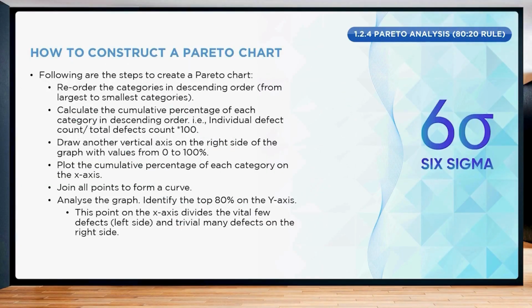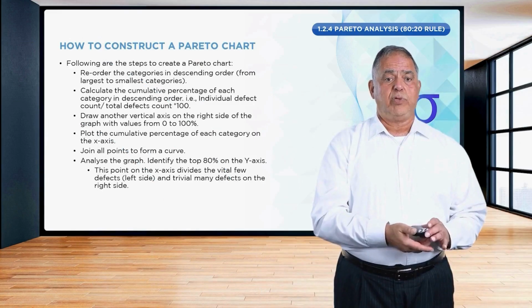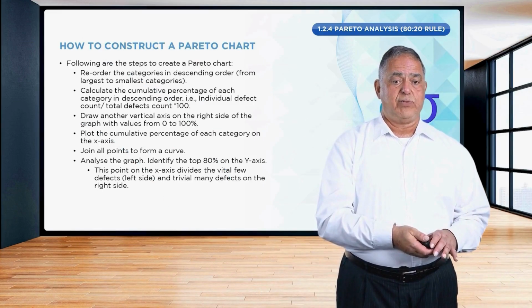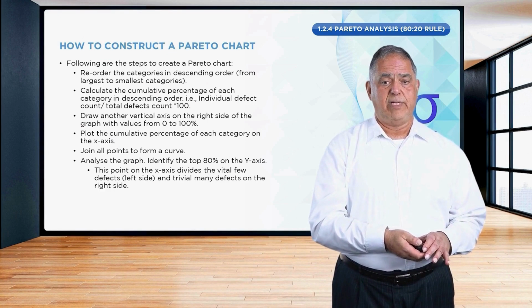Then we reorder the categories in descending order from left to right, from the largest to the smallest categories. We calculate the cumulative percentage of each category in descending order, and we draw another vertical axis on the right side of the graph.